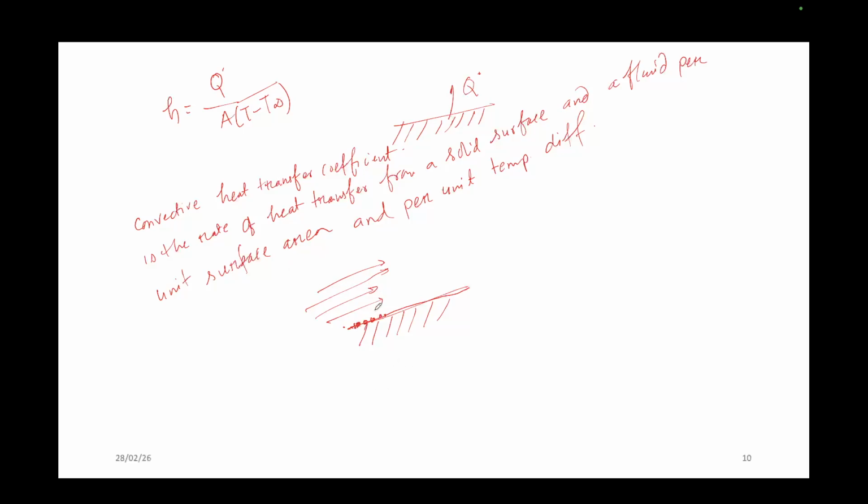Why? This is because molecules, like water molecules, stick to this surface, and because of viscosity or some other property, the particle sticks to the surface and is released only after it gets a certain amount of momentum. That's why the velocity of the particle near the solid surface is zero, and that type of condition is known as the no slip boundary condition, right?